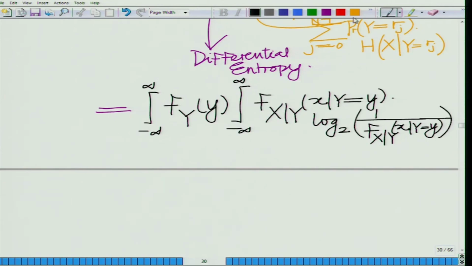Okay. This is basically your h of x given y equal to y.